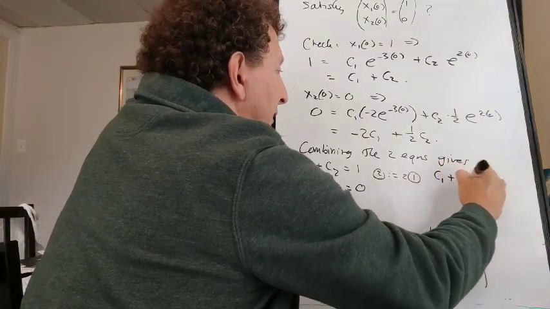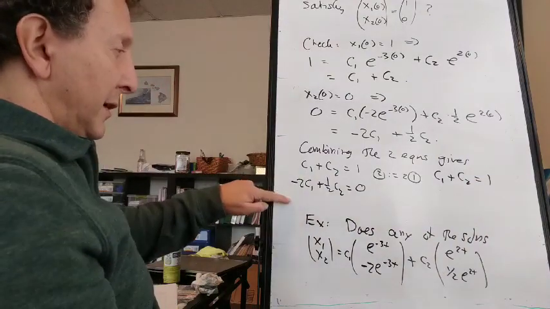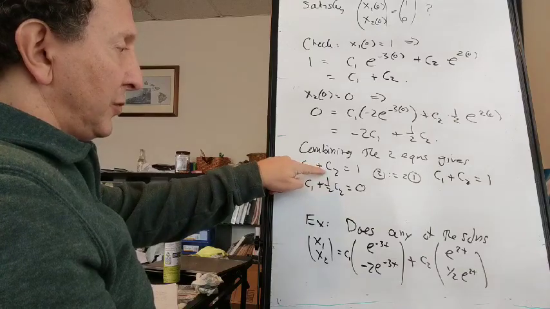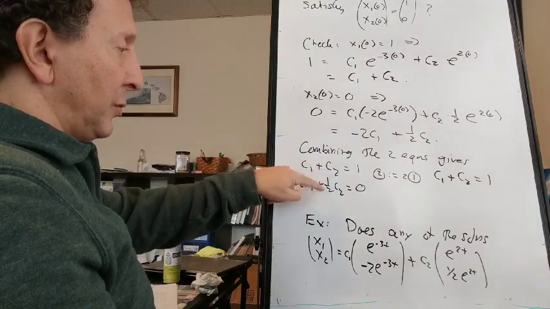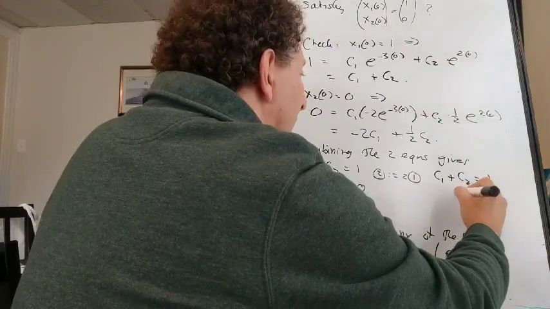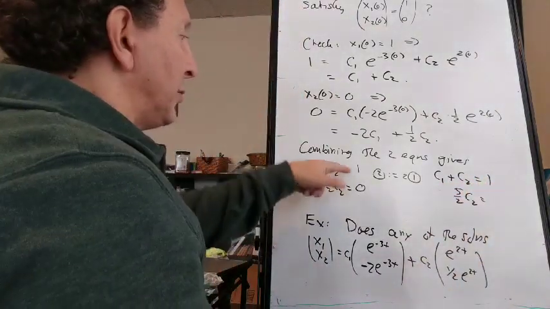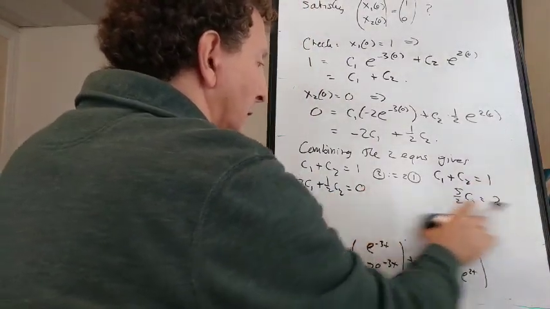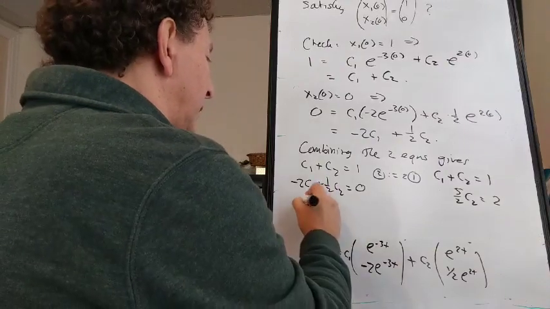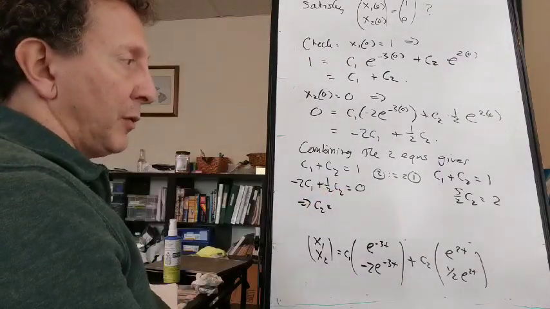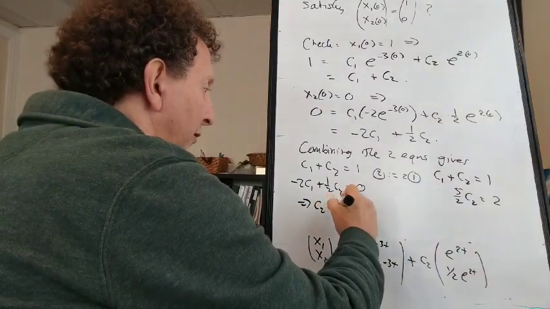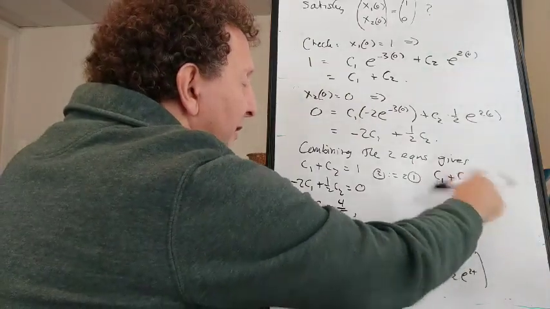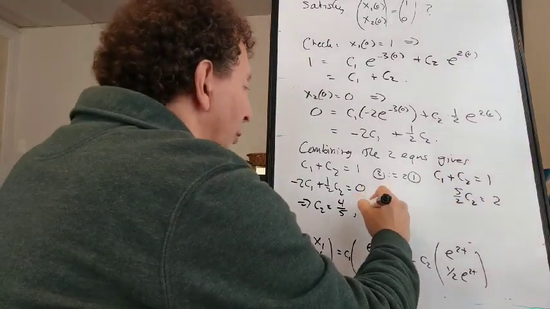So we have c1 plus c2 equals 1, negative 2 plus 2 ones is 0, 1/2 plus 2 times 1 is 2 plus 1/2. It's 5/2. And 0 plus 2 ones is 2. So that means that c2 equals, multiply both sides by 2/5, 4/5. And then if c2 is 4/5 and the numbers add together to give us 1, c1 has to be 1/5.